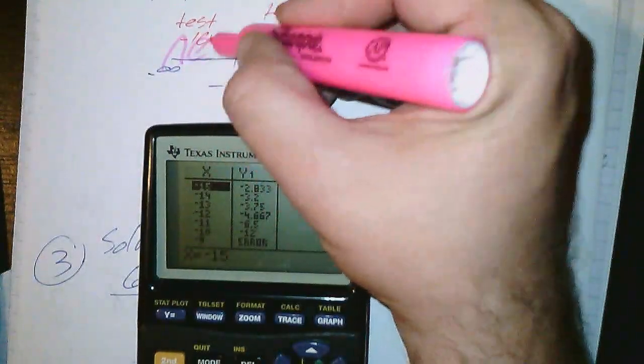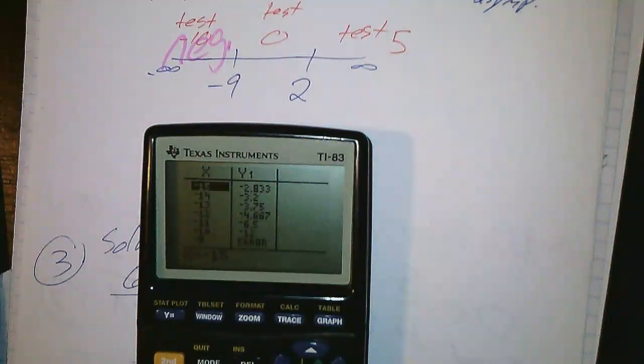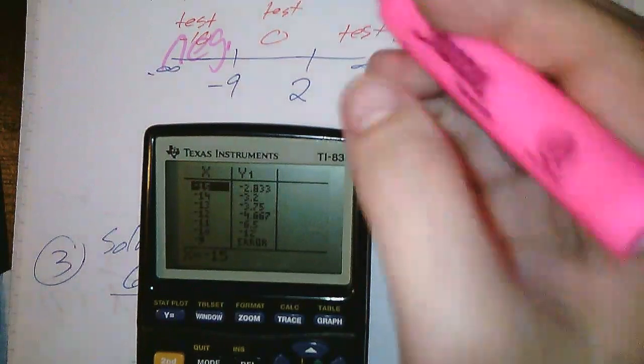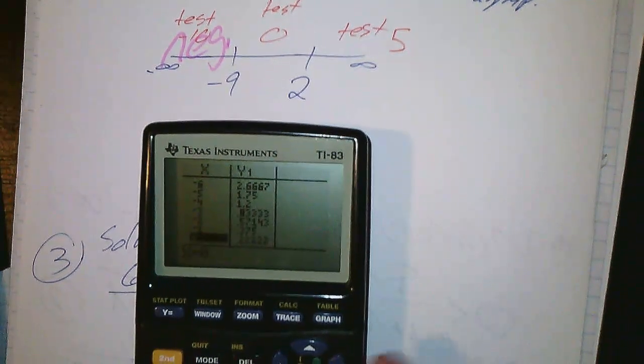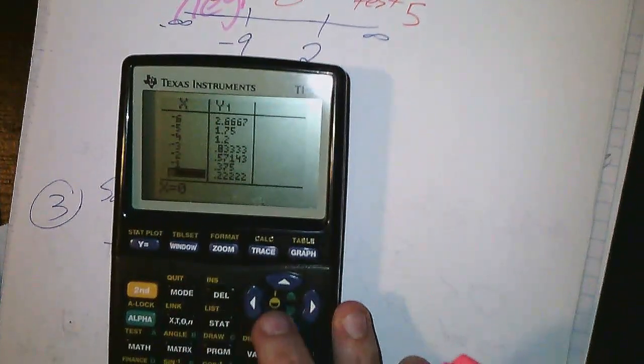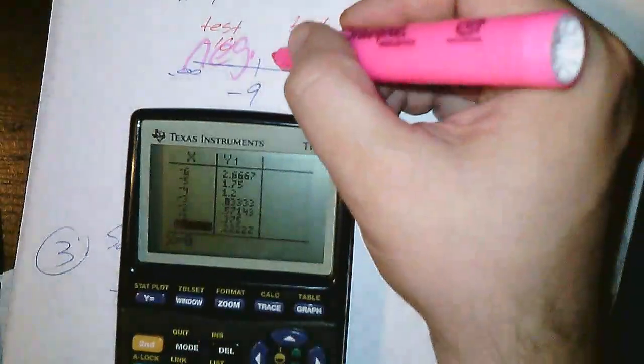So we're negative right here. Between -9 and 2, these values are positive. So there's the test value at 0. We can see that it is positive. So we're positive right here.